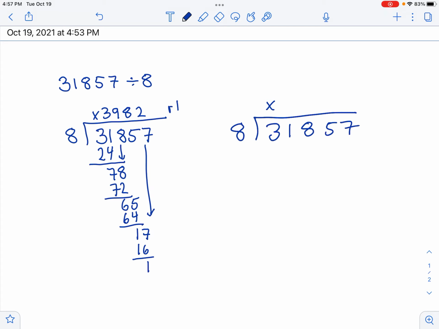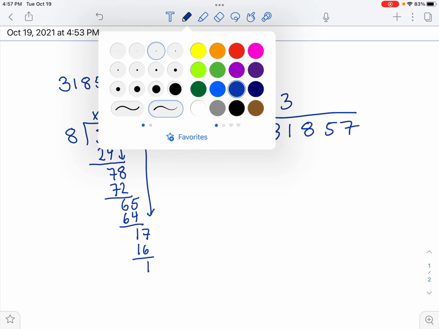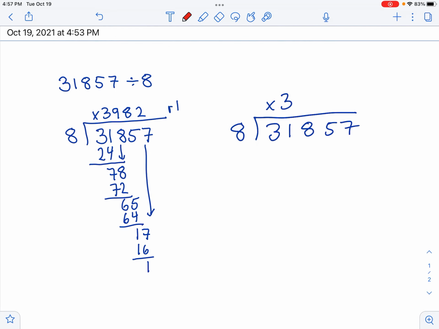Okay, so 8 doesn't go into 3. 8 goes into 31 3 times. 3 times 8 is 24. So it seems the same, right? The difference is that we can, in our heads, know that 31 divided by 8 equals 3 with a remainder of 7, right? So we don't actually have to write that. We can just put the 7 here. And that tells me the next thing we're going to do is 8 into 78.